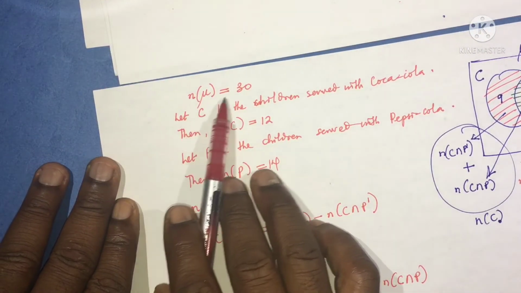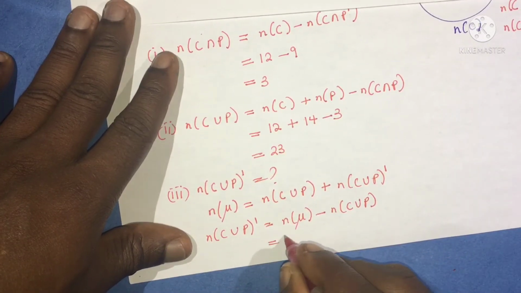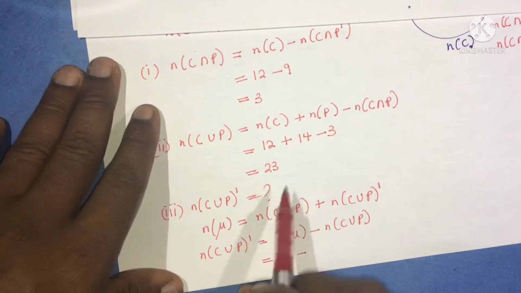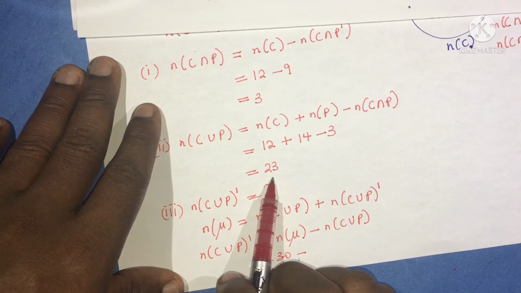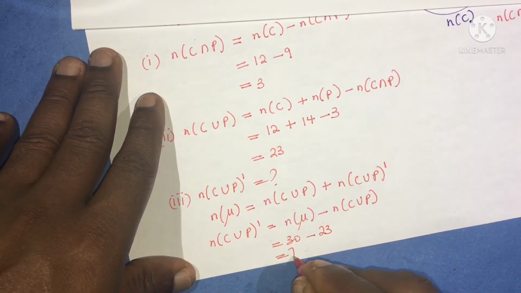We were told that N mu is 30, so I'm going to write here 30 minus the cardinality of the union which we obtained to be 23. So our result is 7.